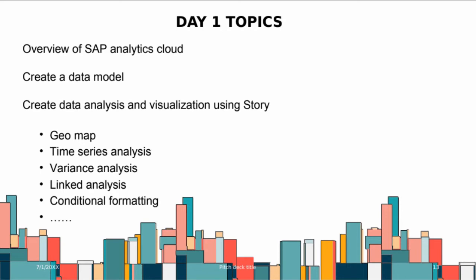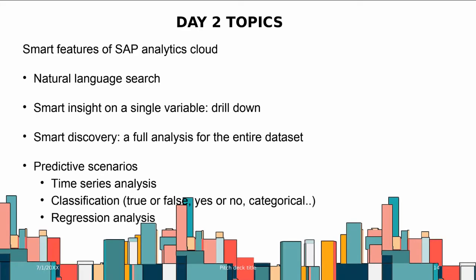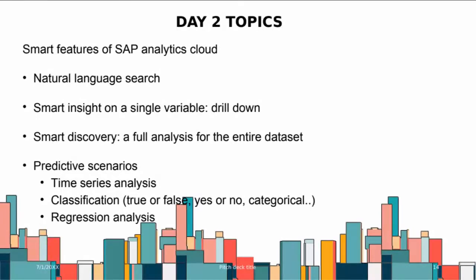I will show some of the very impressive smart features of SAC, including natural language search using smart insight on one single variable. It means we can drill down, for example, revenue by the region, then revenue by the categories, and then by the different bicycles. You can drill down without limit, to the level you want.